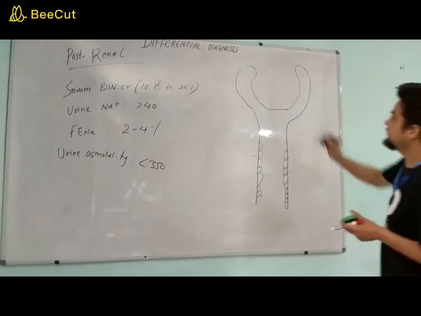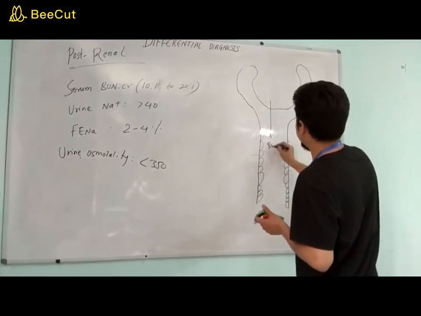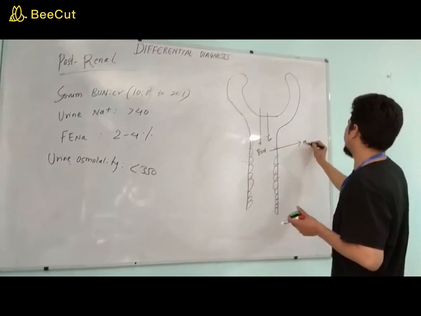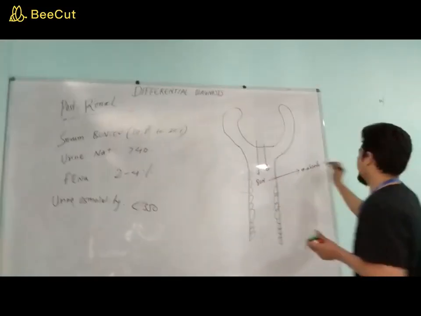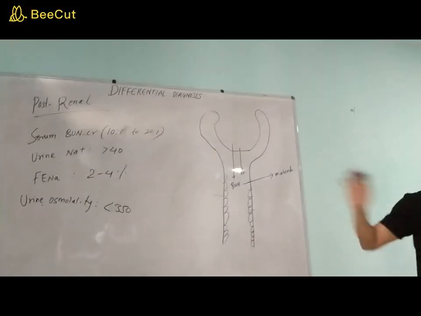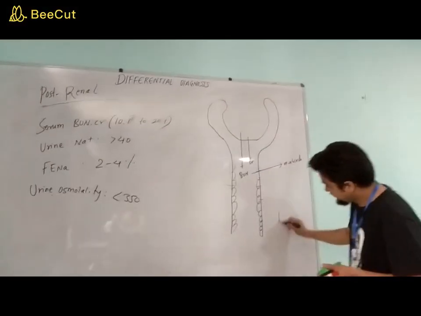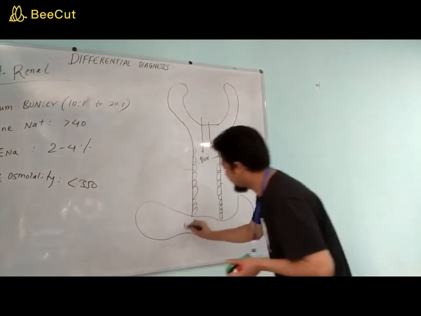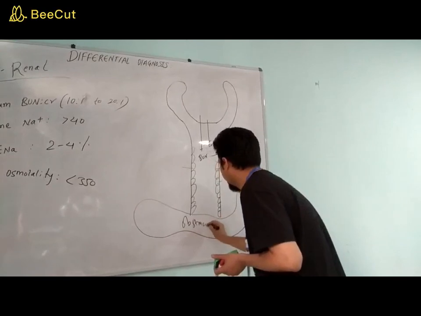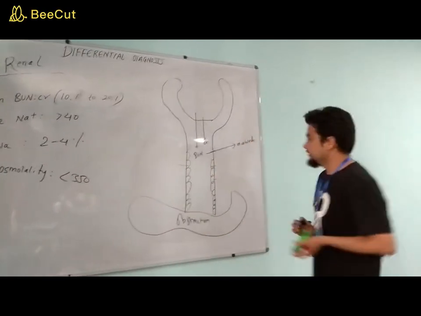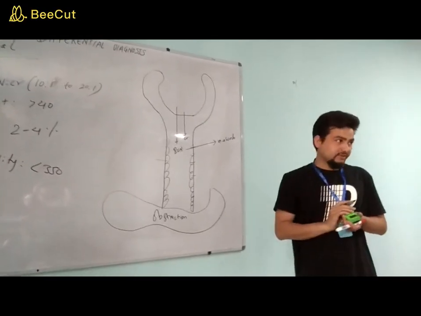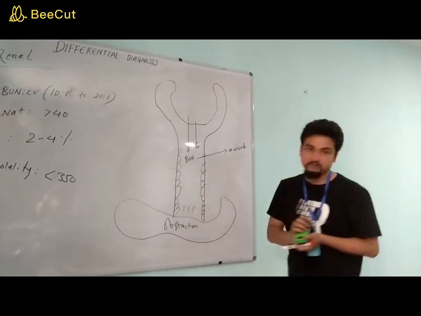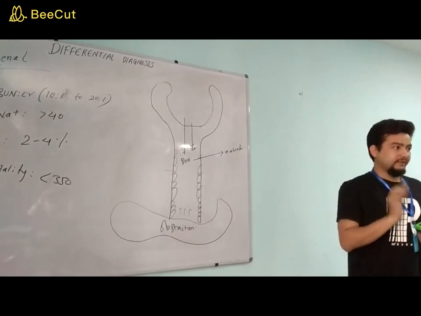As you all know, BUN gets filtered, creatinine gets filtered, and BUN gets reabsorbed. This is the normal phenomenon. Now what happens in obstruction? There will be an obstruction to the flow of urine. During the initial phase of obstruction, there will be a little bit of backflow or pressure.